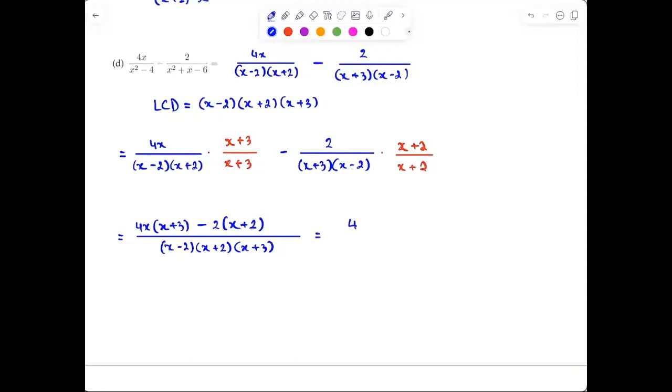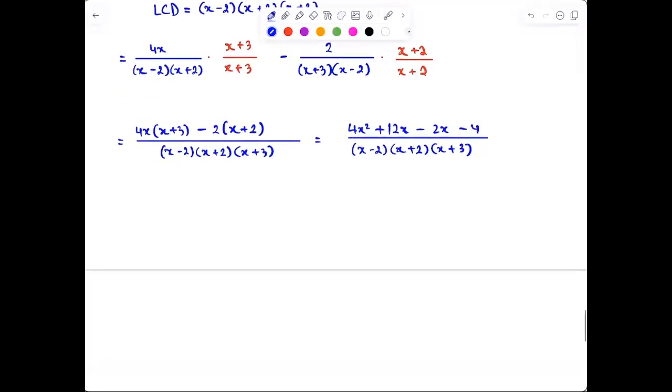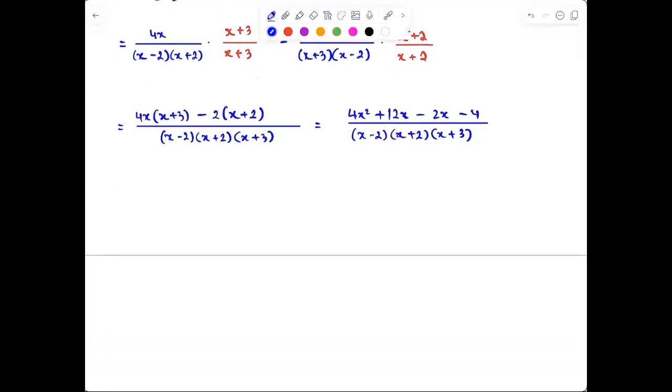I get 4x squared plus 12x minus 2x minus 4 over (x minus 2) times (x plus 2) times (x plus 3). Now you combine like terms. You get 4x squared plus 10x minus 4 divided by (x minus 2) times (x plus 2) times (x plus 3).